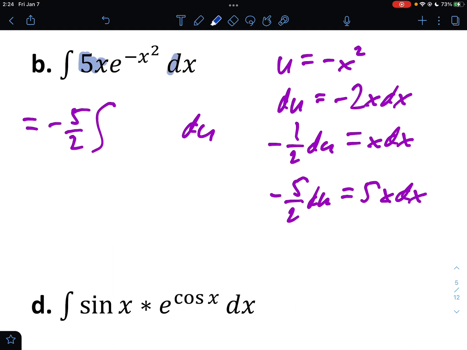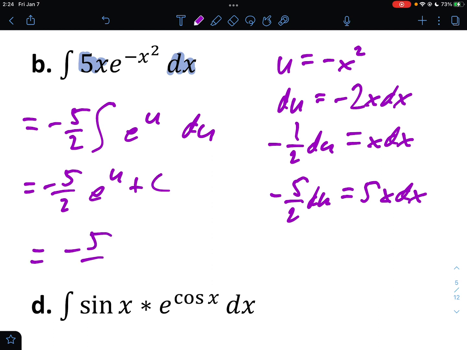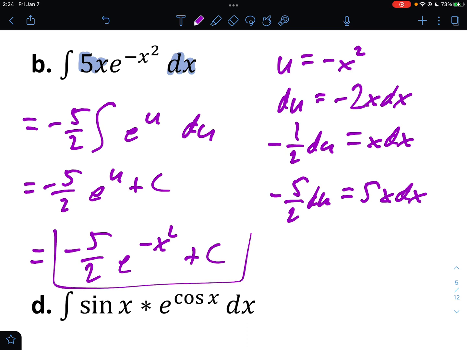So that all goes in for 5x dx. And then e to the u. Negative x squared becomes u. So then our antiderivative would be negative 5 halves e to the u plus c, or negative 5 halves e to the negative x squared plus c.